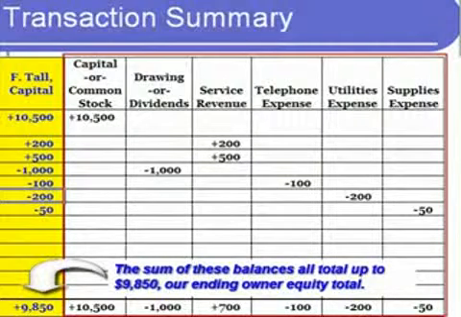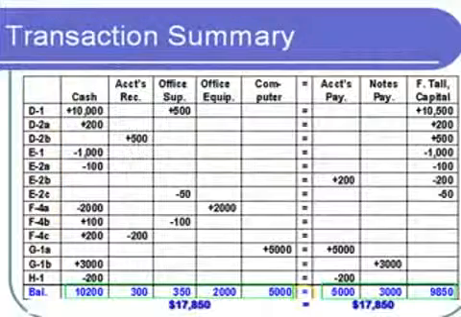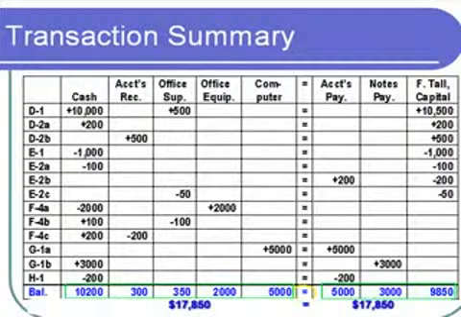Having taken a look at these accounts and their balances, let's now return to our single owner equity account summary, and we'll then take a look at the next step in the accounting cycle, namely the preparation of the financial statements. At the end of the accounting period, this information needs to be reported to interested parties. These are the people who want to know what the assets, liabilities, and owner equity in the business are.